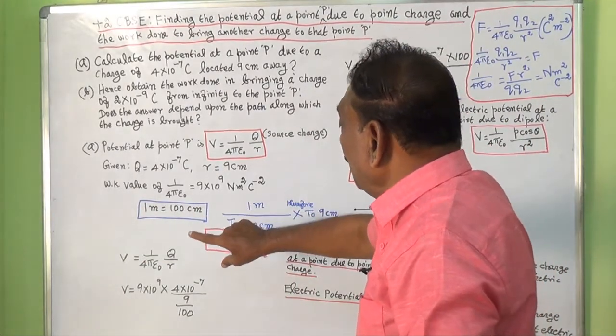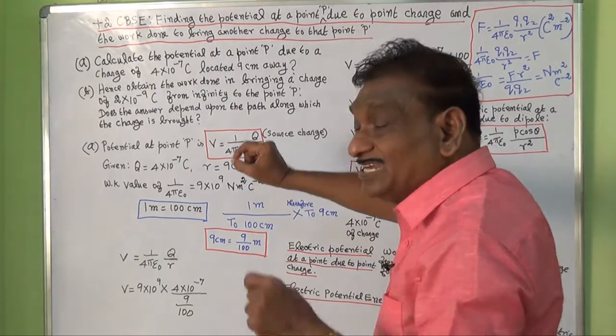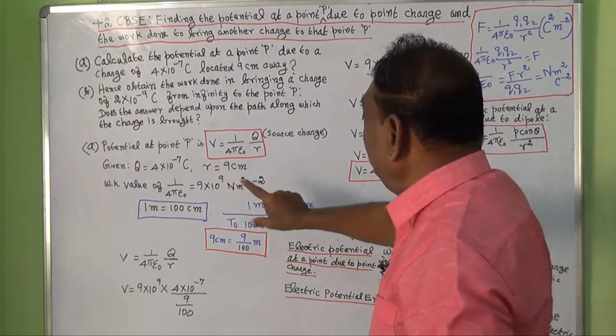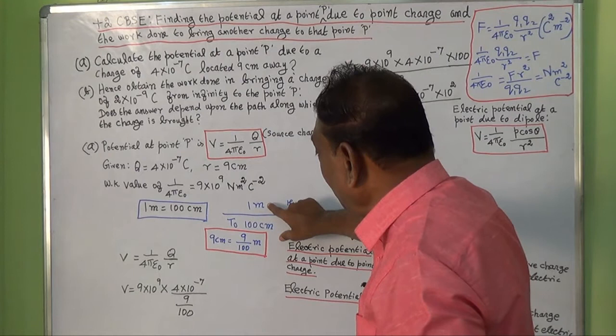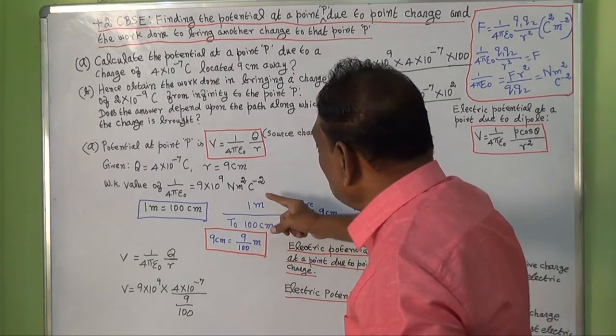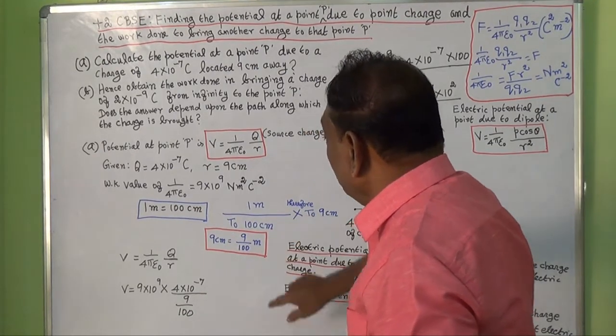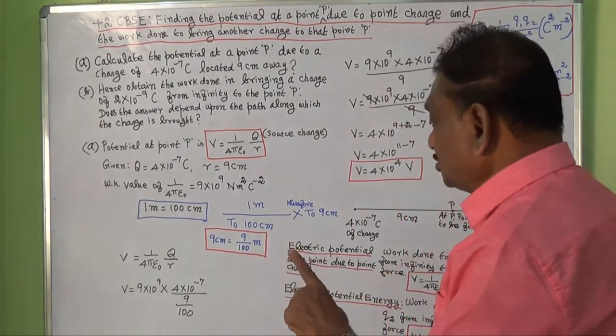We are going to find the meter, so that meter should be placed in the numerator, and its relation 100 centimeter to be placed in the denominator.